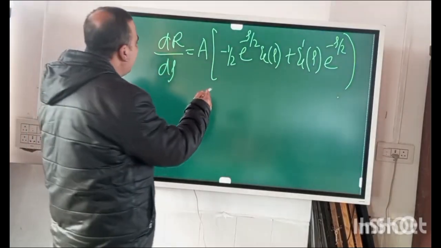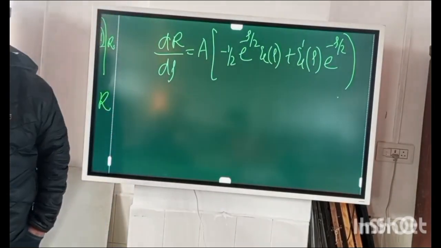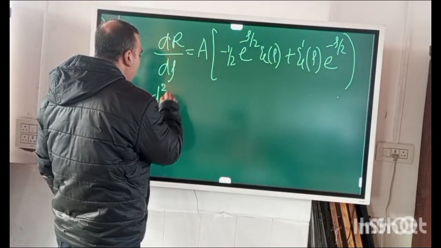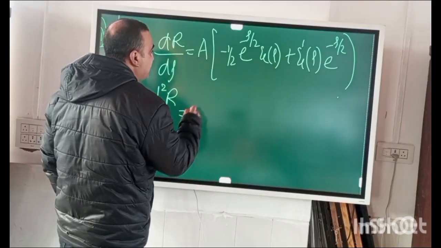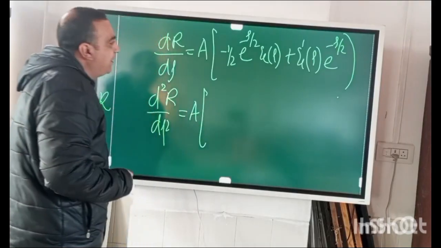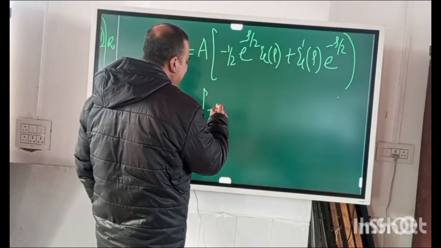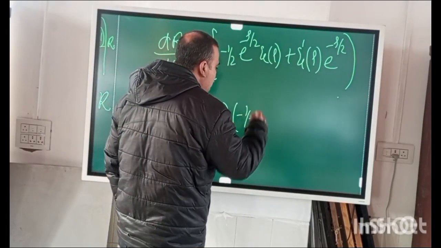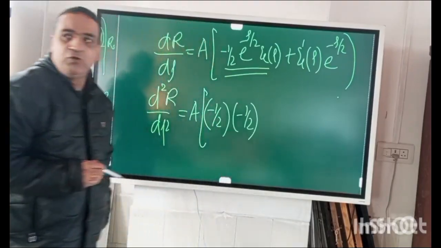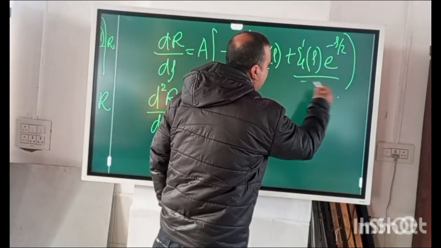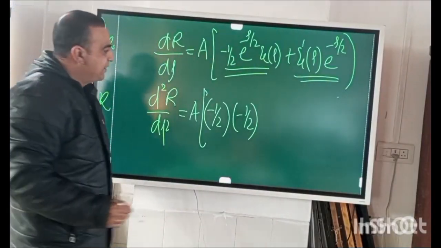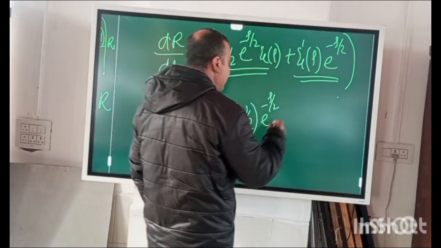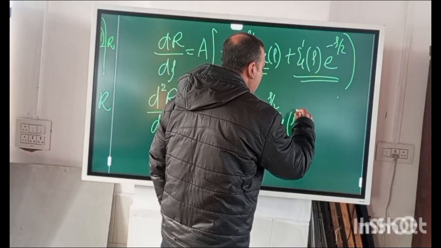Now you can see I need the double derivative also in the equation, so I have to differentiate it again, right? So for that, I will get d2r by d rho 2, A is out. Then here you have minus 1 by 2 out. Now, again you will have minus 1 by 2. We have the UV rule here. Then again we will have the UV rule here. We have to do it 2 times. So here you have e to the power of minus rho by 2, then zeta of rho.